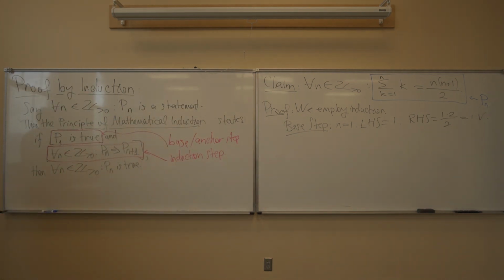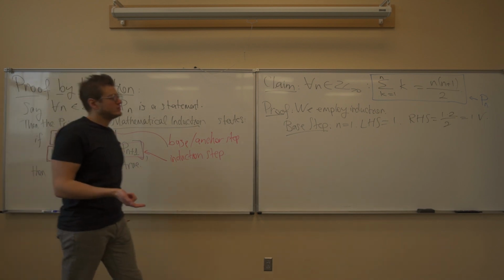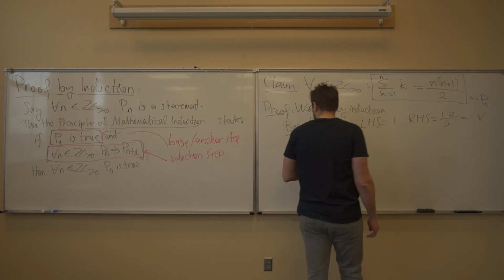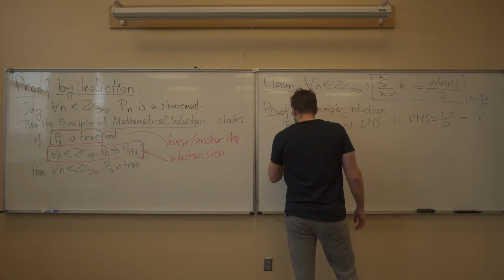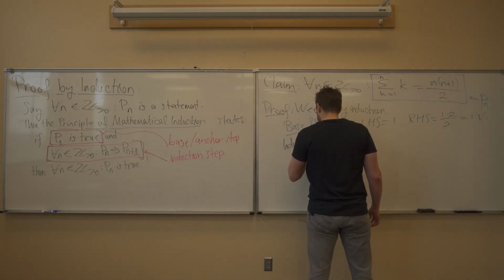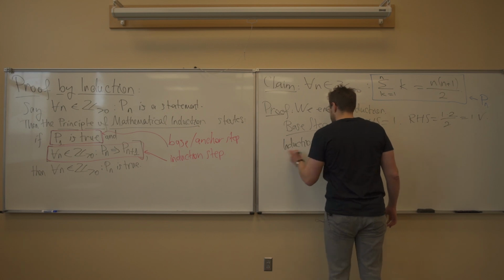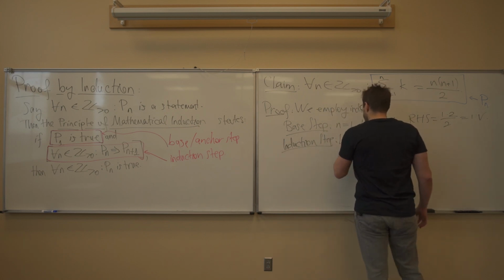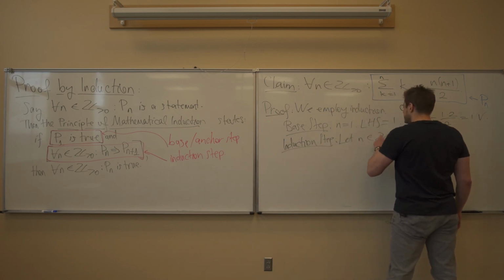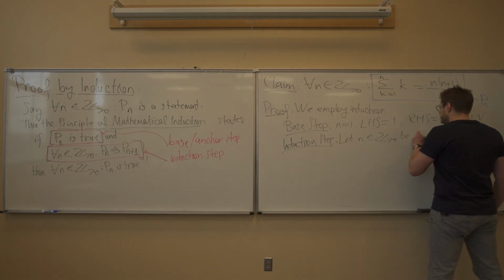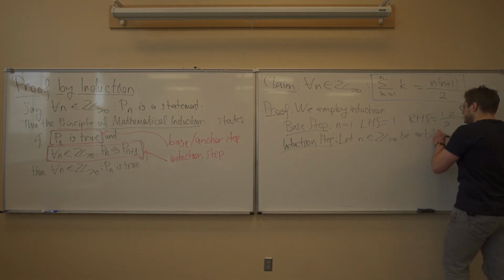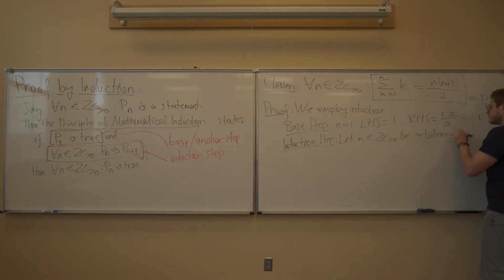Now I'm assuming for the induction step that P sub n is true for some n. And then I want to show that P sub n plus 1 must also be true. So let n be arbitrary. Suppose P sub n is true.